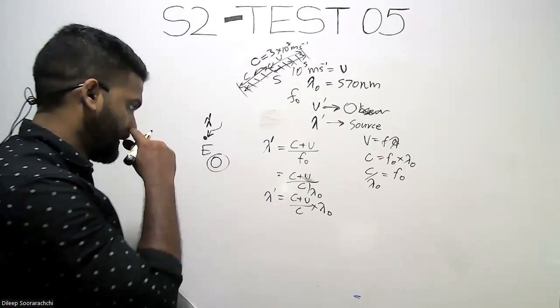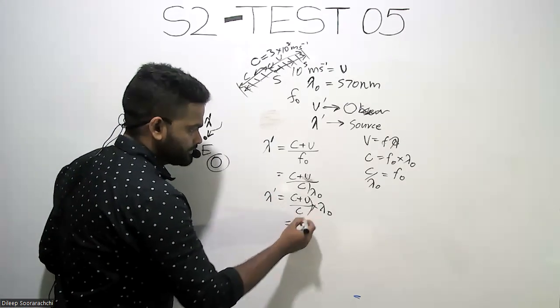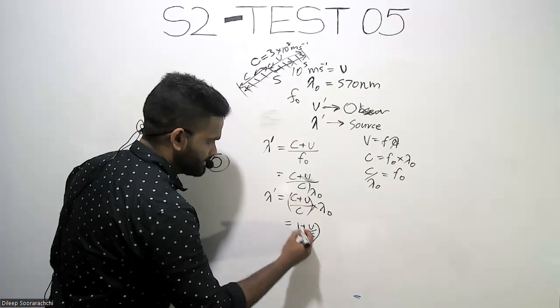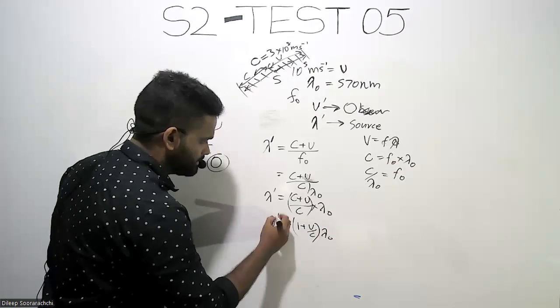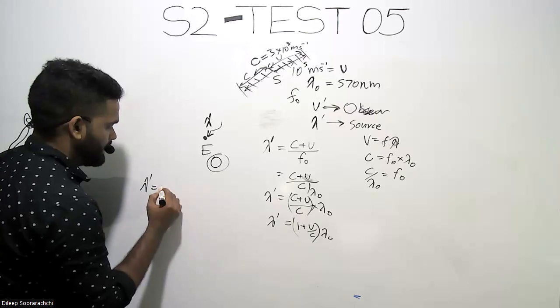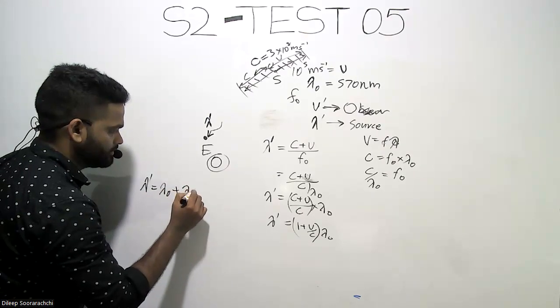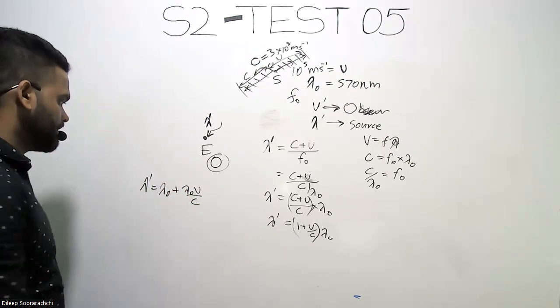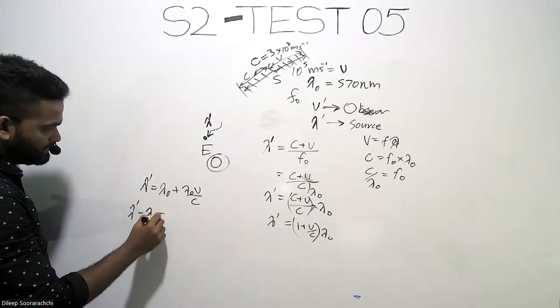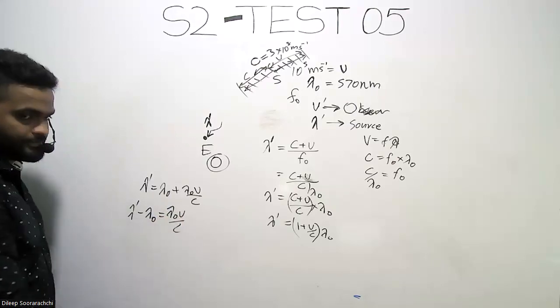So I'll just divide this by c: 1 plus v divided by c, lambda naught. This is lambda dash. So lambda dash equals lambda naught plus lambda naught v divided by c. Then take it to the other side: lambda dash minus lambda naught equals lambda naught v divided by c.